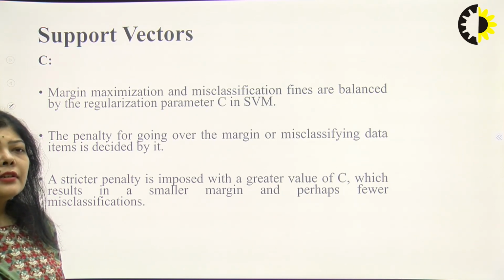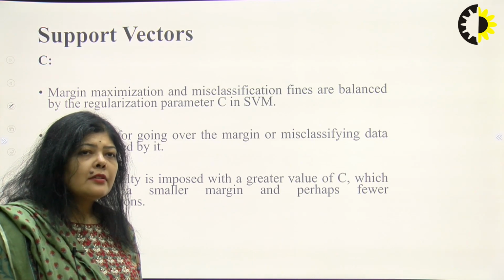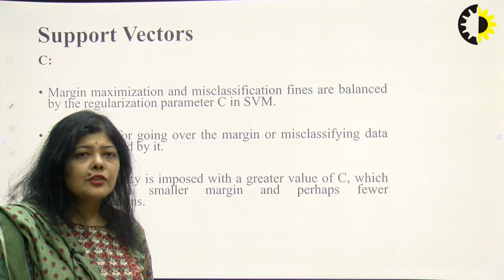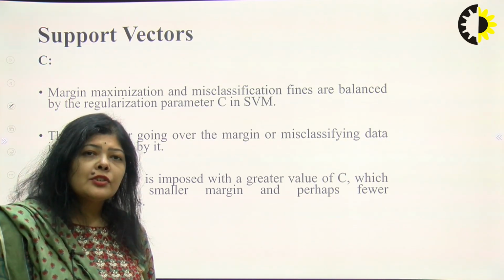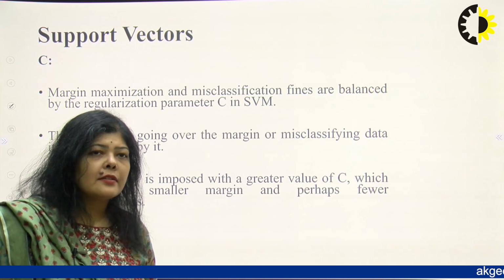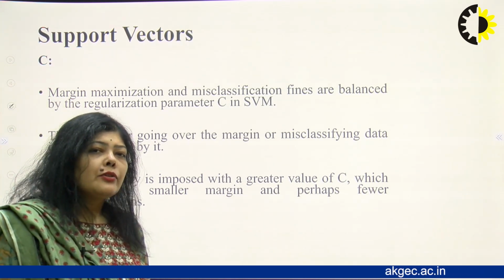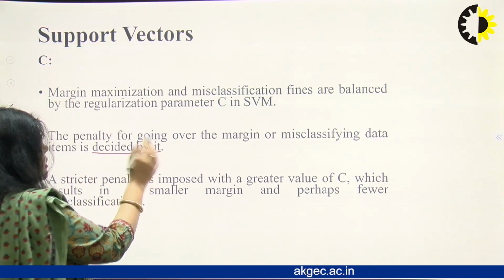Now there are certain measures that are attached to the support vectors. C is a regularization parameter that handles the margin maximization and misclassification fines, and the penalty for going over the margin or misclassifying data items is decided by the C parameter.